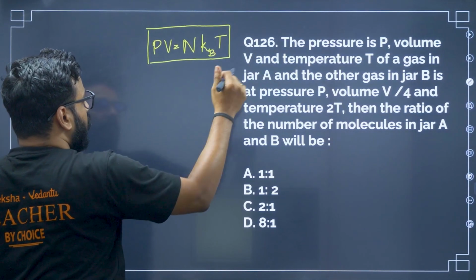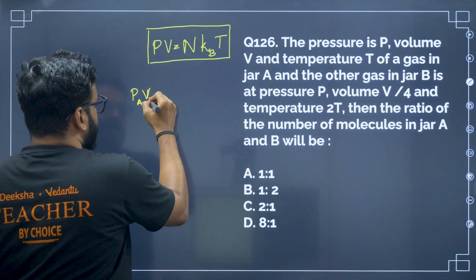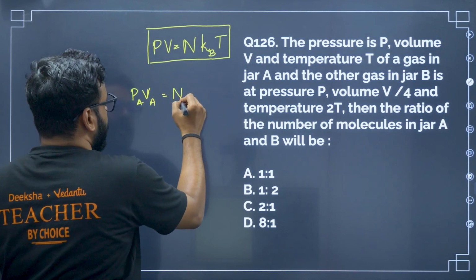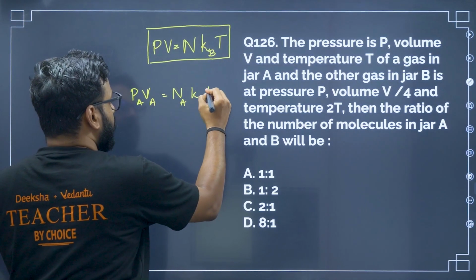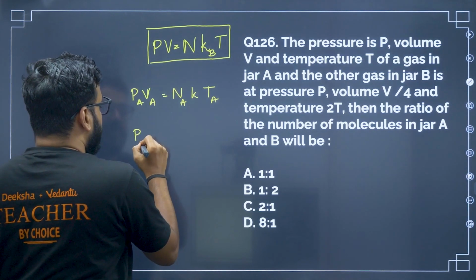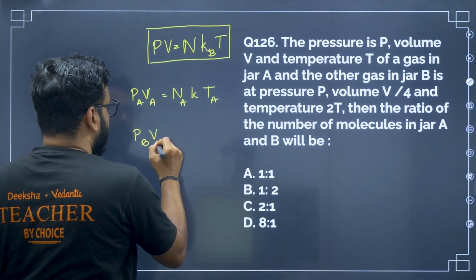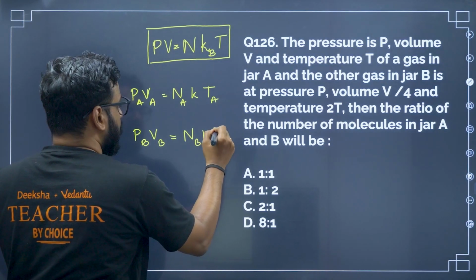Now we can apply it for both the jars. PA VA is equal to NA K TA, where K is the Boltzmann constant. Let me write that as K because T will just confuse TA. And PB VB is equal to NB K TB.